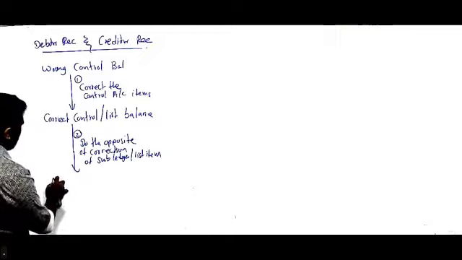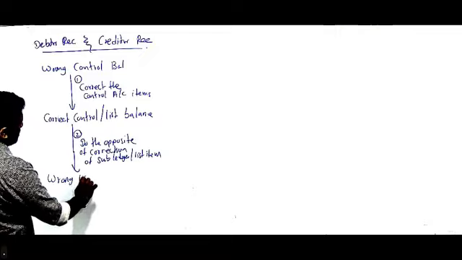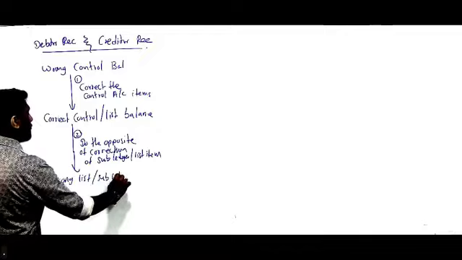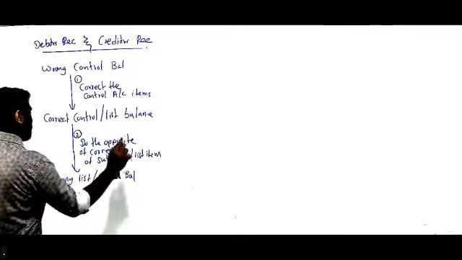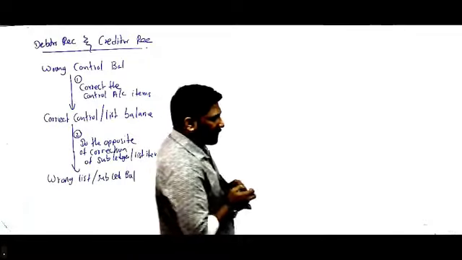Then you will arrive at the wrong list or subsidiary ledger balance. What are you doing without writing? Write it.